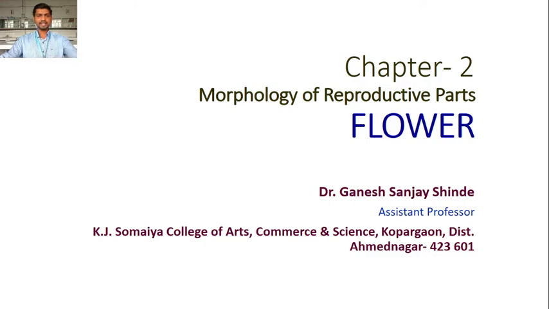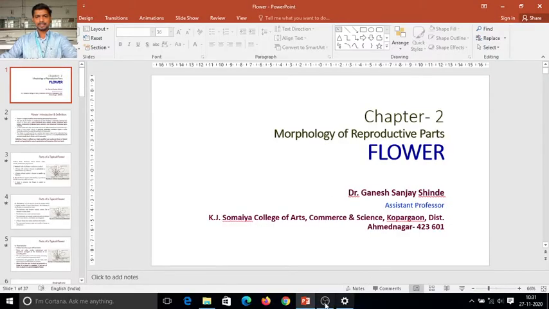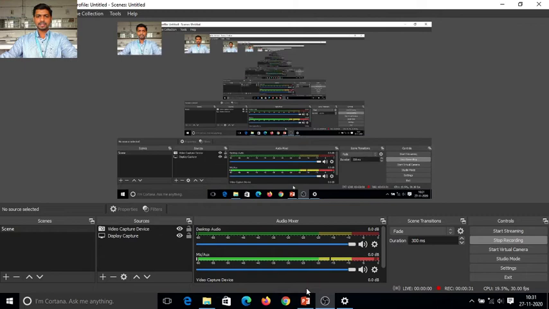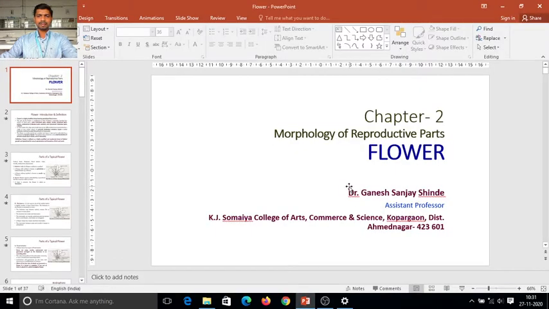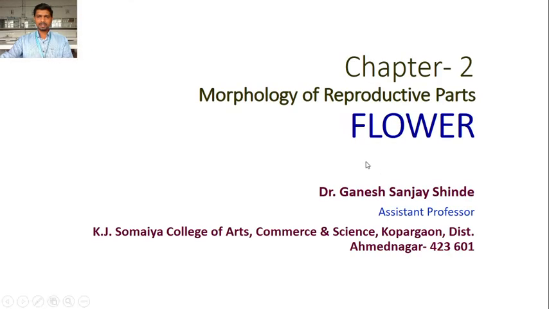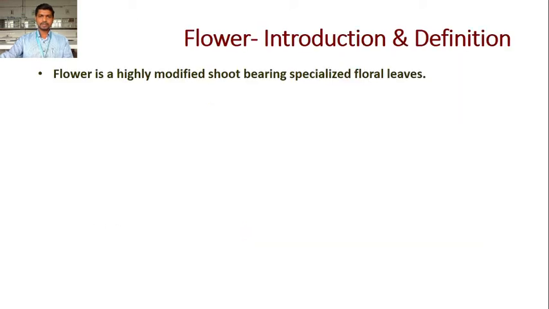In previous lectures we studied the inflorescence, and after completion of inflorescence, from this lecture we are going to study the flower. So flower is one of the reproductive parts of the plant. In this lecture, we are going to study the morphology of the flower.